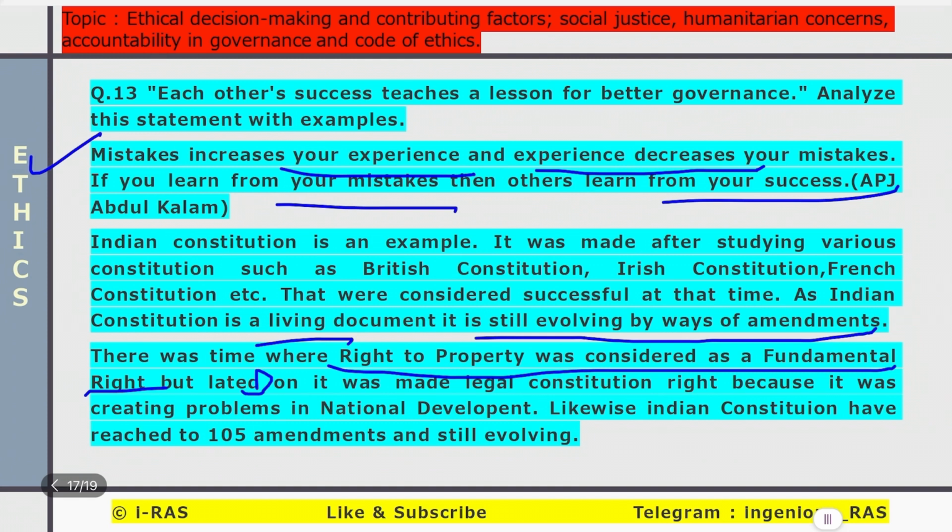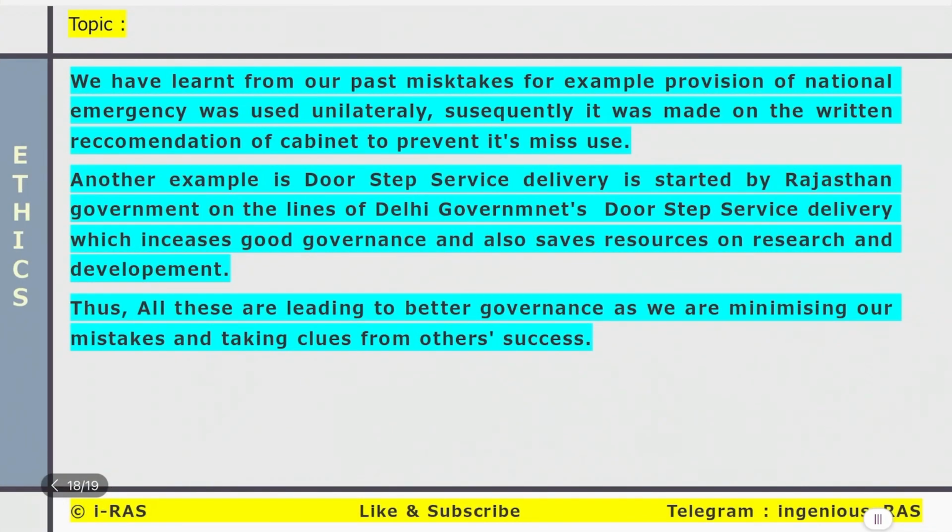Likewise, the Indian constitution has reached 105 amendments and is still evolving in order to give better governance to the citizens of this country. We have learned from our past mistakes, for example, the provision of national emergency.